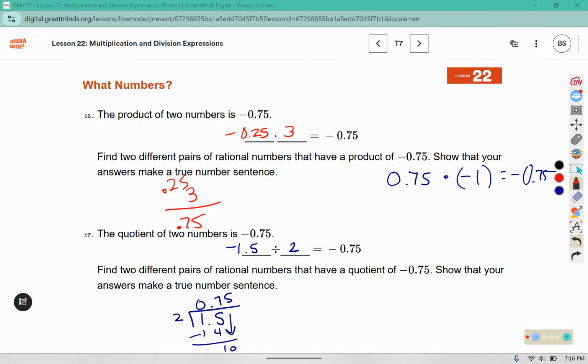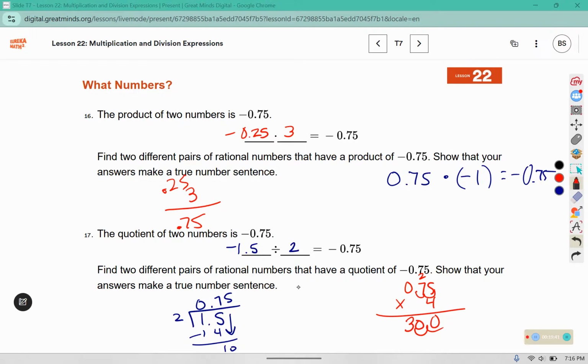Another possibility is if we did 0.75 times a higher number, like 4. 4 times 5 is 20. 4 times 7 is 28. Plus 2 more makes 30.